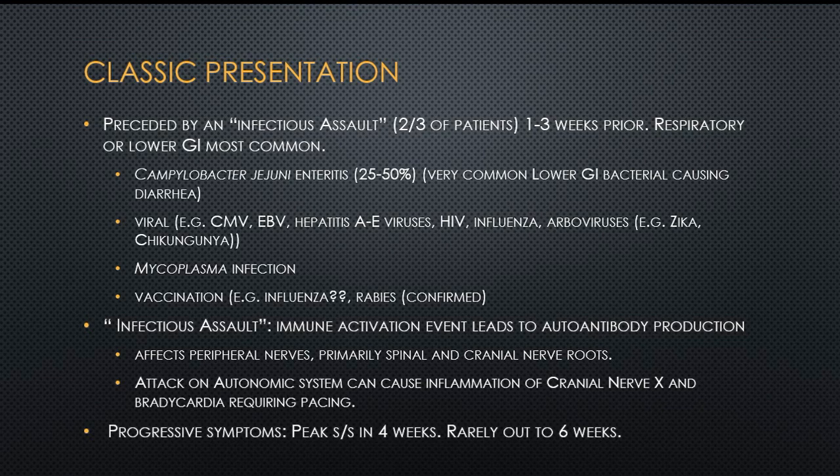So, as I talked about, the classic presentation was preceded by an infectious assault. This was documented in 2/3 of patients, 1 to 3 weeks prior. And usually respiratory or lower GI presentations are the most common presentation.